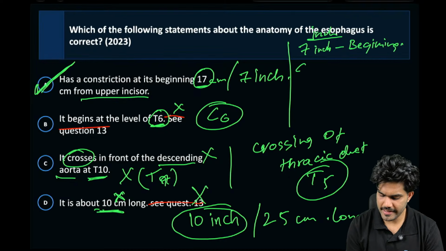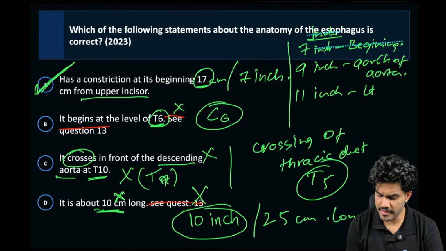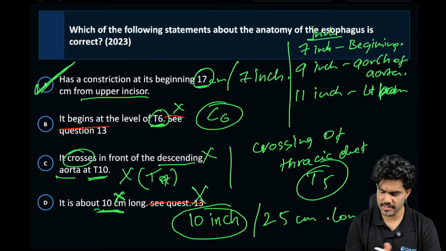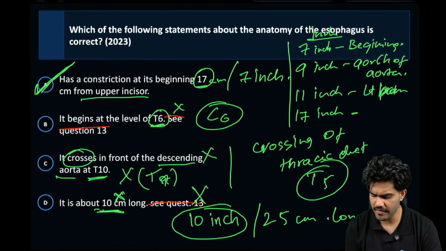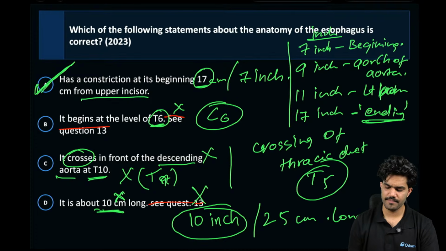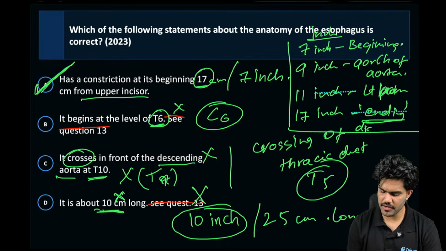At 9 inch we have the constriction due to the arch of the aorta. At 11 inch we have the left bronchus. I have told you, left bronchus. And at 17 inch we have the constriction related to the diaphragm.